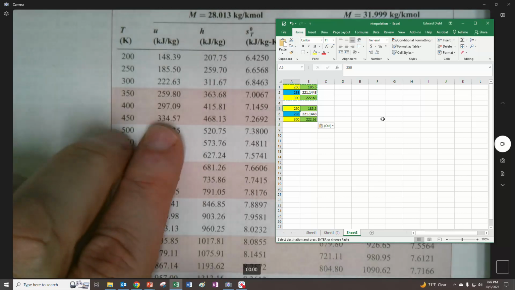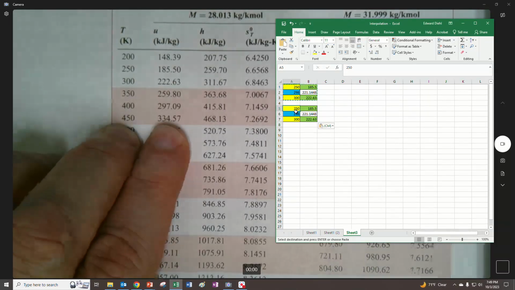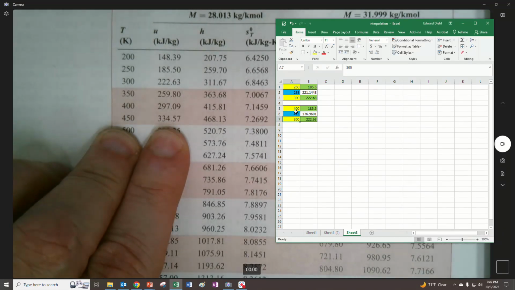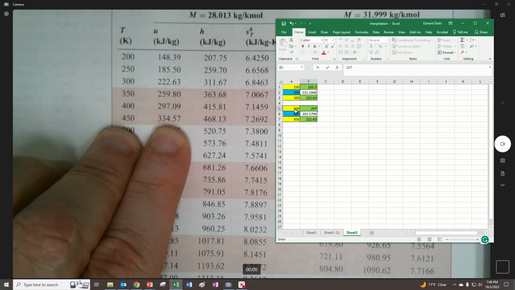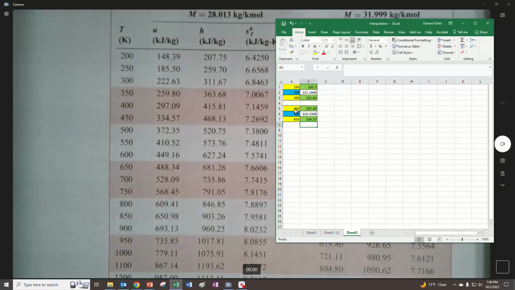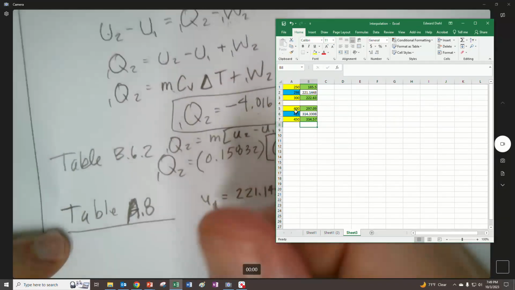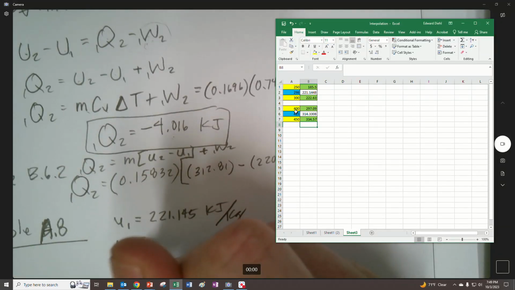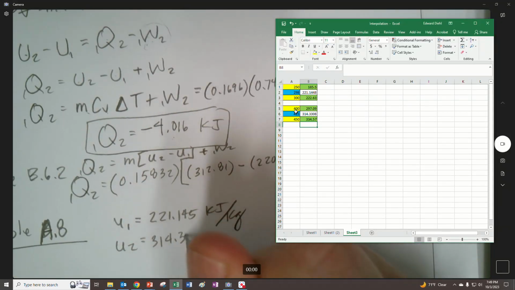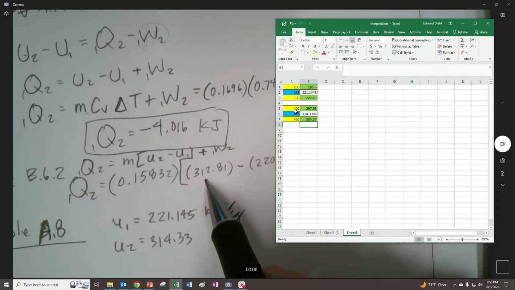So I'm going to go 400, 423 is what we're looking for, and 450, and the values are 297.09 and 334.57. So we get 314.33. So I'll say U2 is 314.33. Take a look at these, the differences.